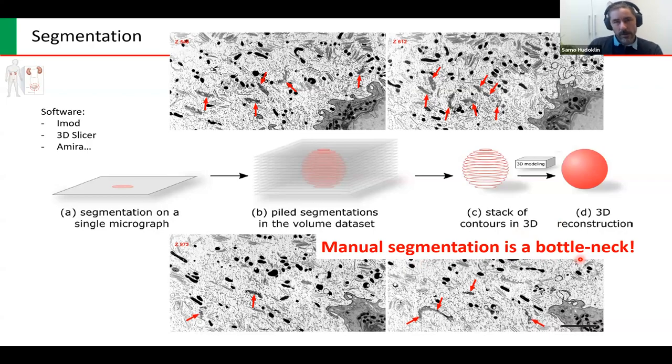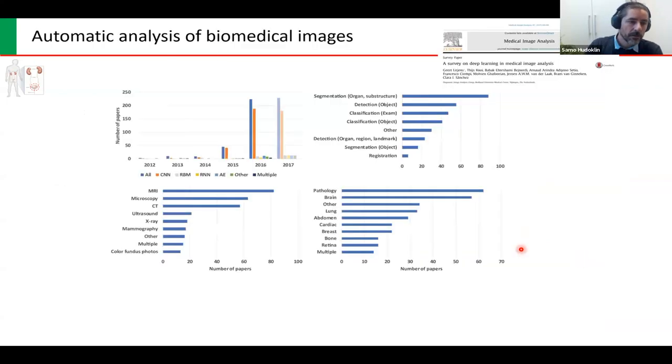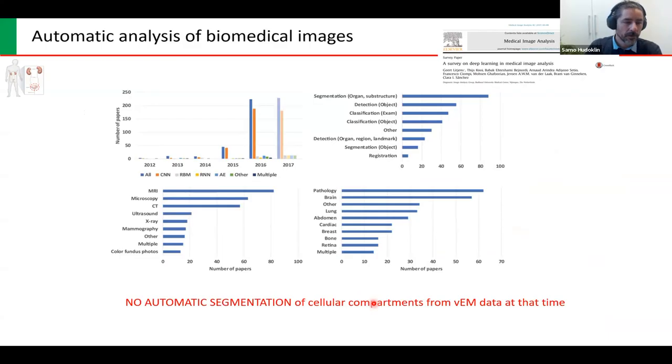And that was several years ago. We said, let's find a tool, a software that will be able to reconstruct our cell automatically. And at that time, we couldn't really find anything. That was like 6-7 years ago. There were many approaches in other techniques, mostly to reconstruct some pathologies or medical images, but to segment ultrastructural compartments of the cell, that was not the case.